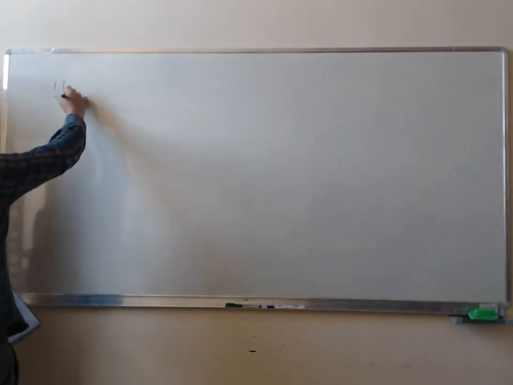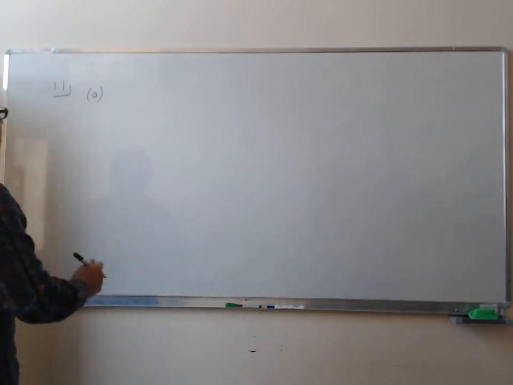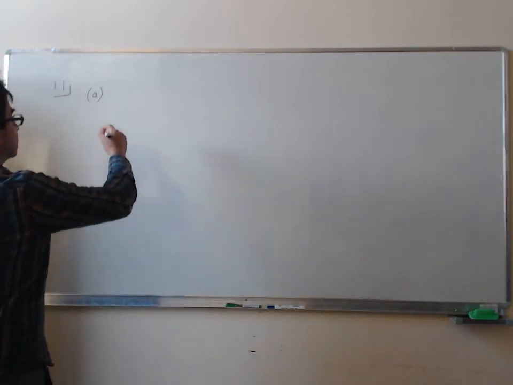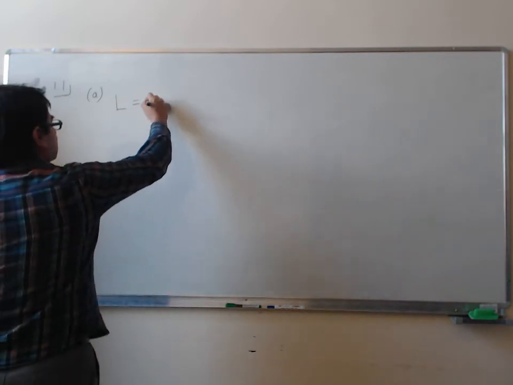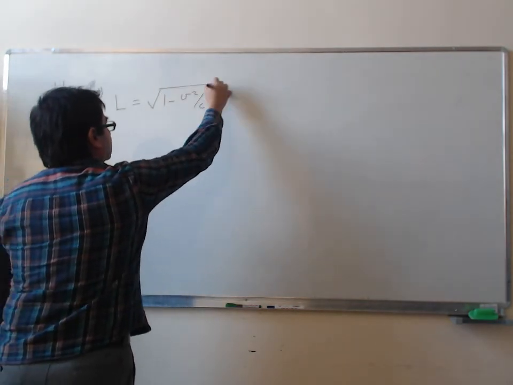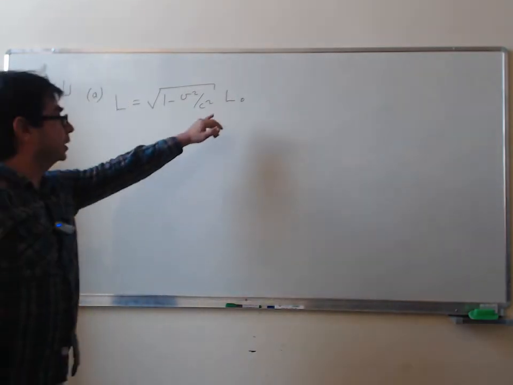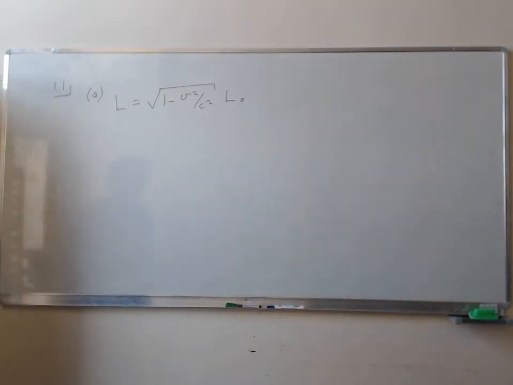So for A, we want the length formula. So this is length contraction. This is L equals square root of 1 minus v square by c square, times L naught. Right, so this is the contracted length. This is the proper length in the rest frame of the object, the length of the object measured in the rest frame of the object.